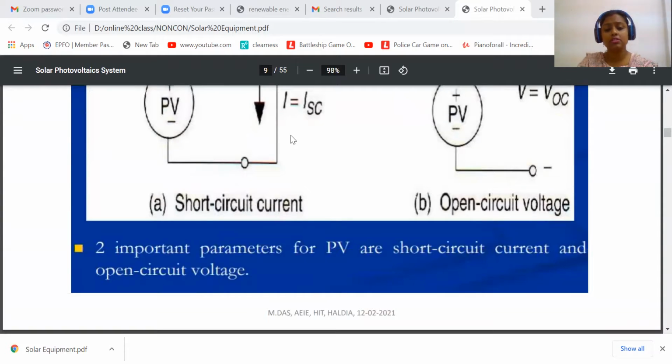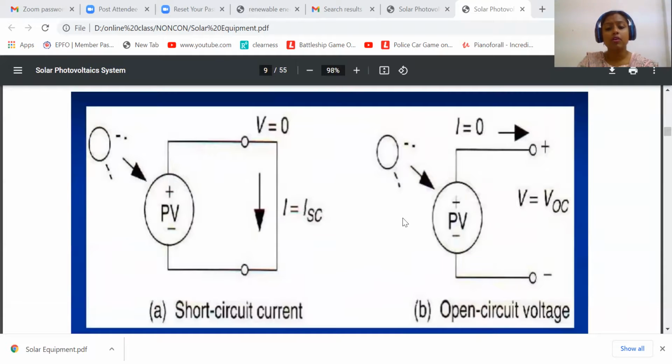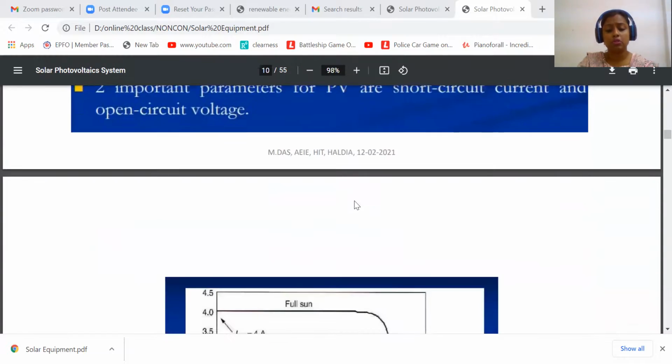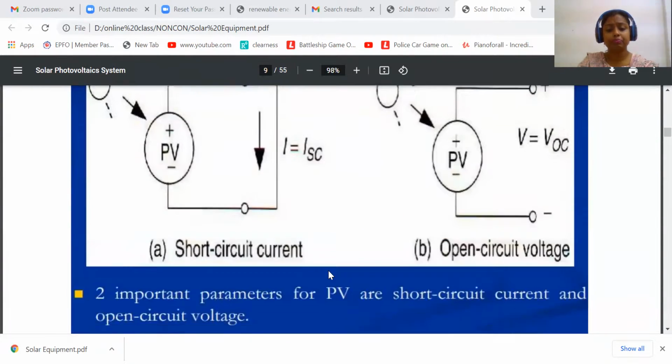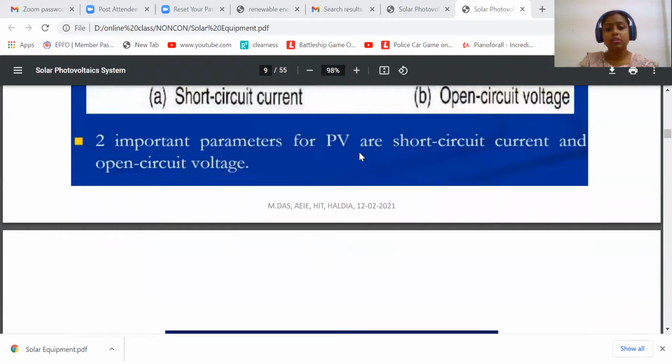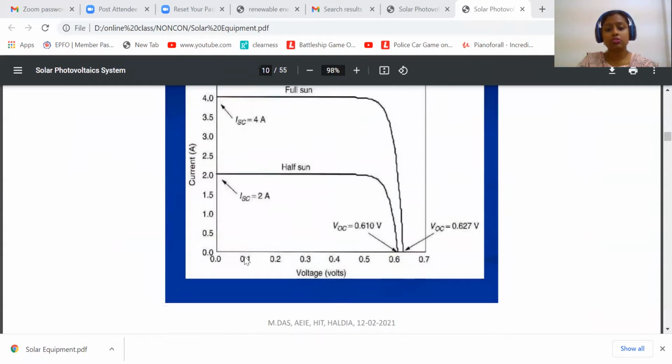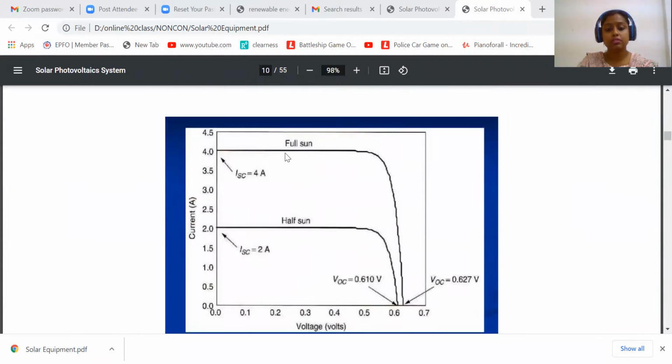Two important parameters of a PV cell are the short circuit current and the open circuit voltage. Full sun means 1000 watt per meter square. This is the general VI characteristic of a PV cell.